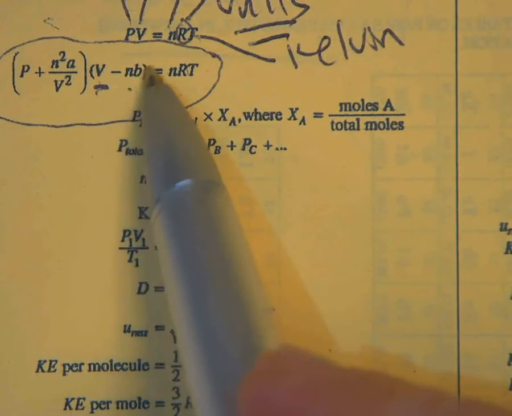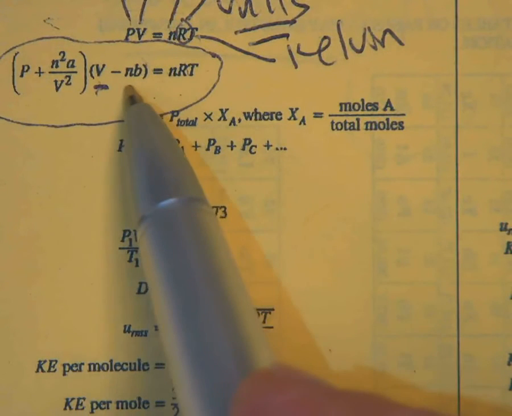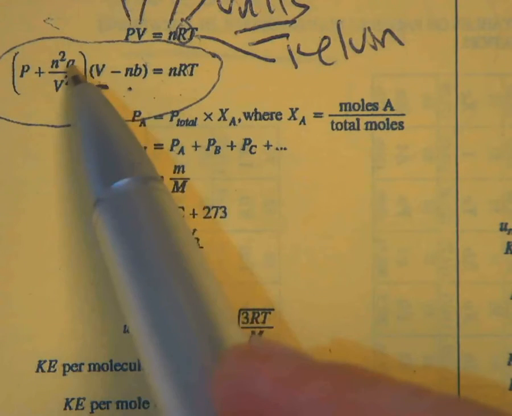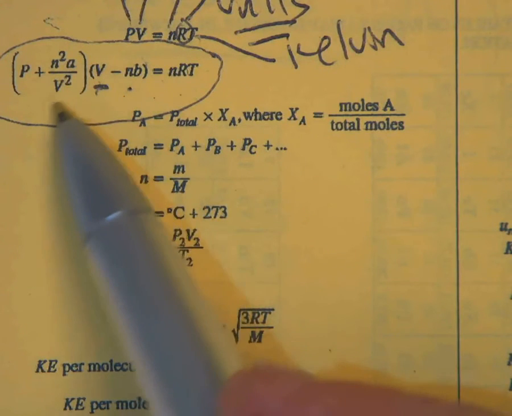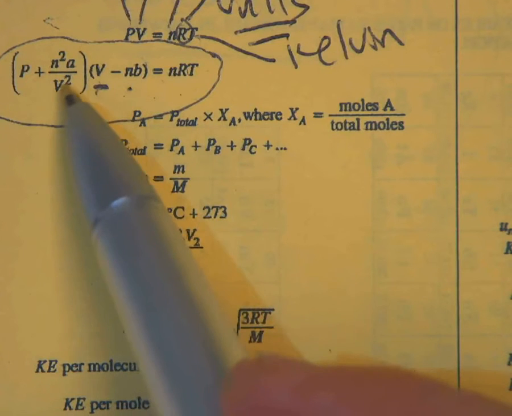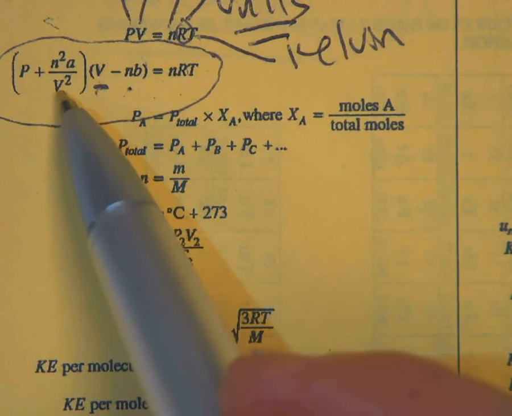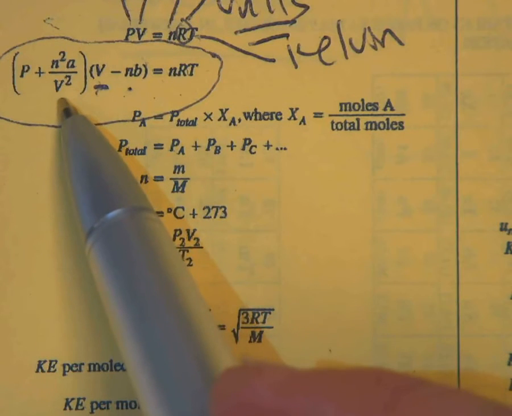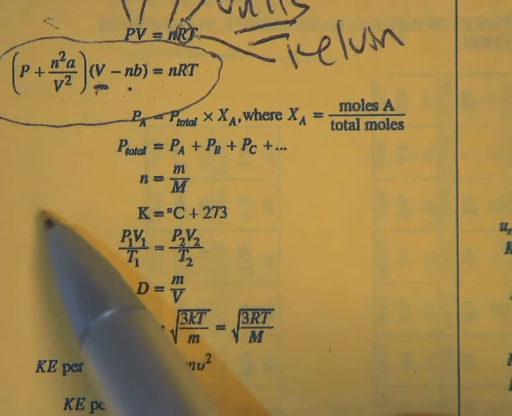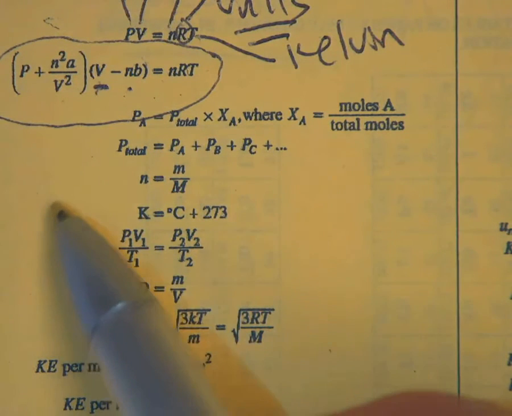The first one is the size of the actual molecules, and that's what this nb part corrects for. And then the n squared times a divided by V right here, that takes into account that the particles actually do collide and gain or lose a little bit of energy, adjusting for the pressure of the gas particles in real gases.